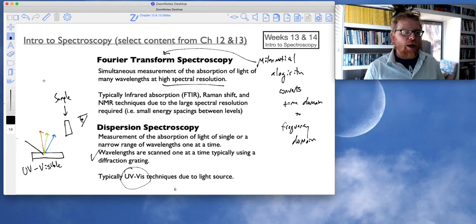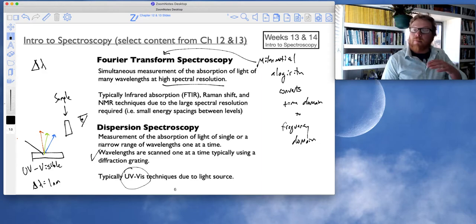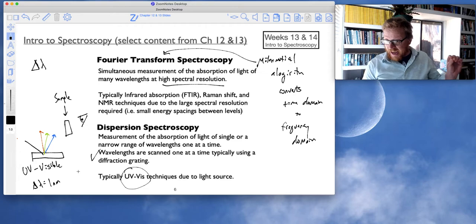What I mean by spectral resolution is the difference in wavelength that we can measure. In the dispersion technique, let's say my delta lambda were equal to 1 nanometer, then each time I pitch that grating, I'm capable of resolving 1 nanometer from the next.